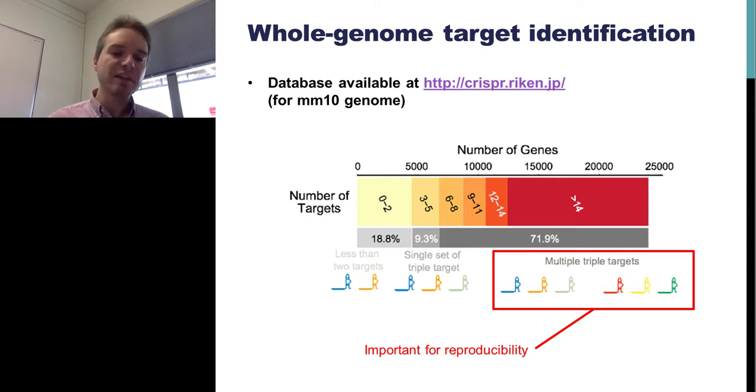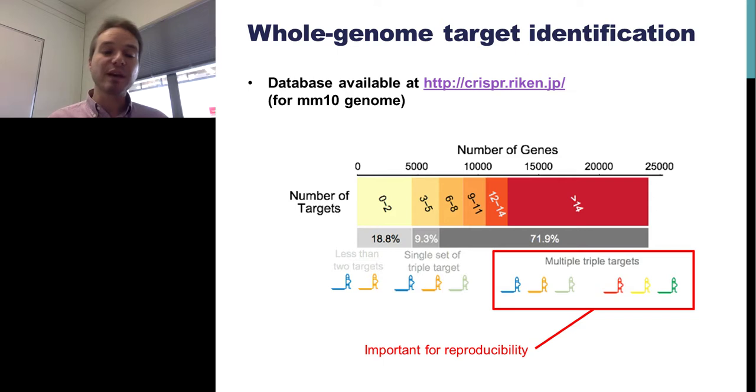And so in the context of the triple targeting strategy, that's something that's quite useful, because that means you can reproduce your results. You can use 3 targets to generate your knockout. And then if you find an interesting phenotype, you can generate a new knockout using a different set of 3 targets, and then check if you observe the same phenotype.